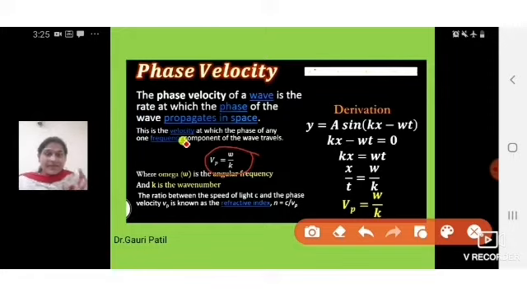Okay students, is that clear? Vp represents the phase velocity, which is given by omega by k. Omega is angular frequency and k is the wave number.